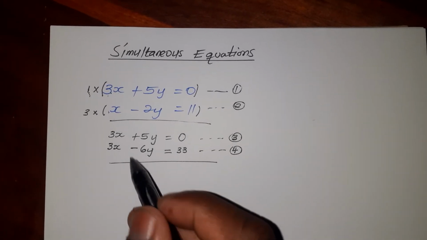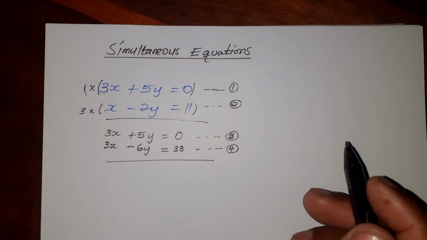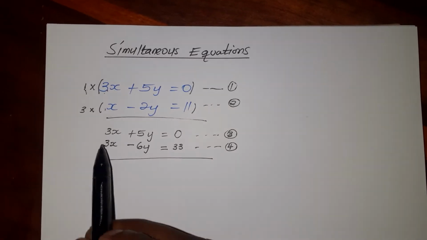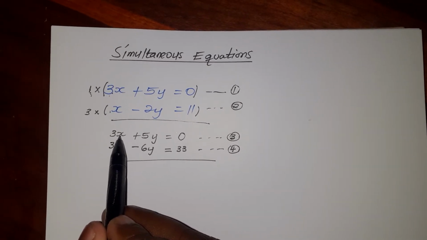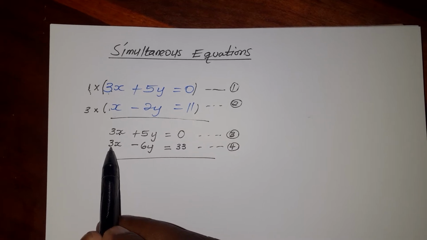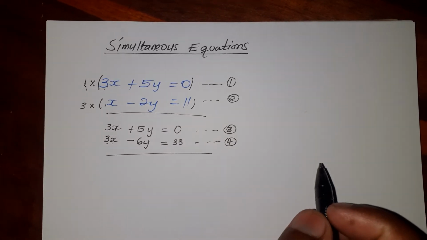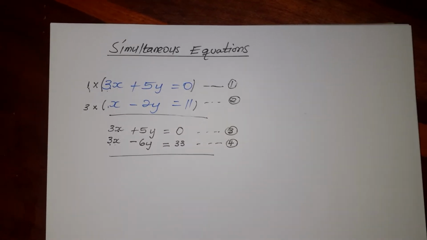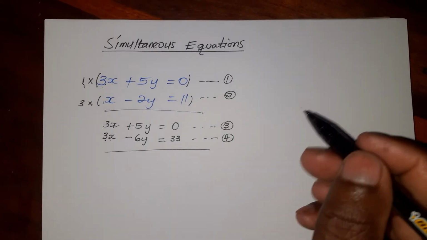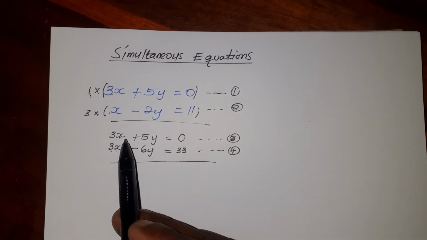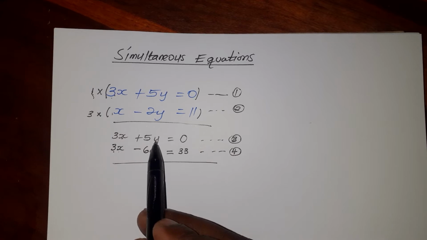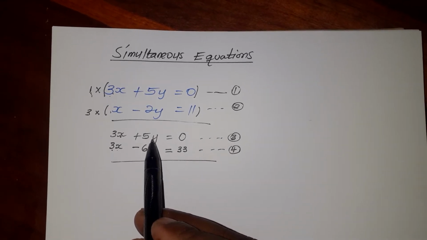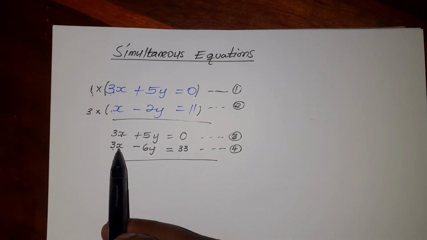Now, once we get these two equations, what you can see here is that we have positive 3x. We also have positive 3x in the second equation. Now, what we need to do is get rid of one of these two variables. In this case, it's easy to get rid of x.